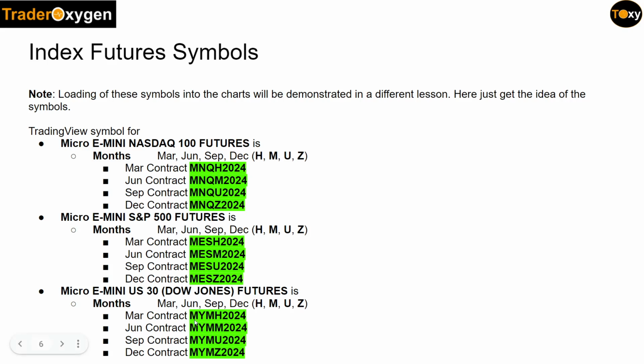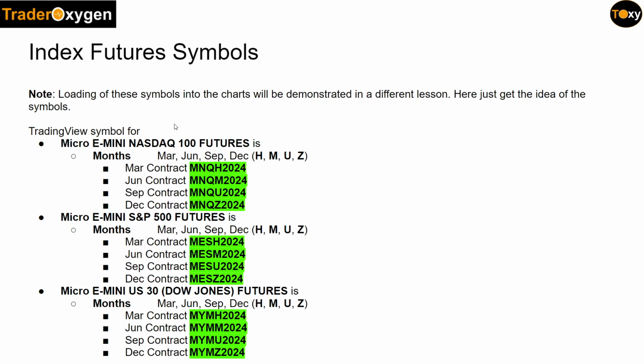Same here, M stands for micro at the bottom, YM, where I move my mouse, YM stands for Dow Jones. And then H stands for the March contract, M is for the June contract, U over here is for the September, and likewise the same in the other two categories as well. And this 2024 is the year of the contract. It can be 2024 and 2025, likewise.